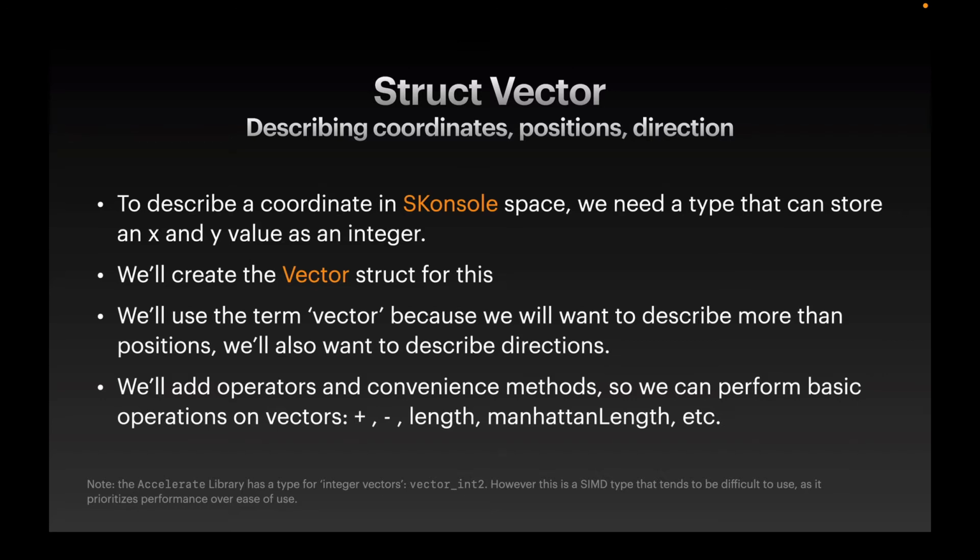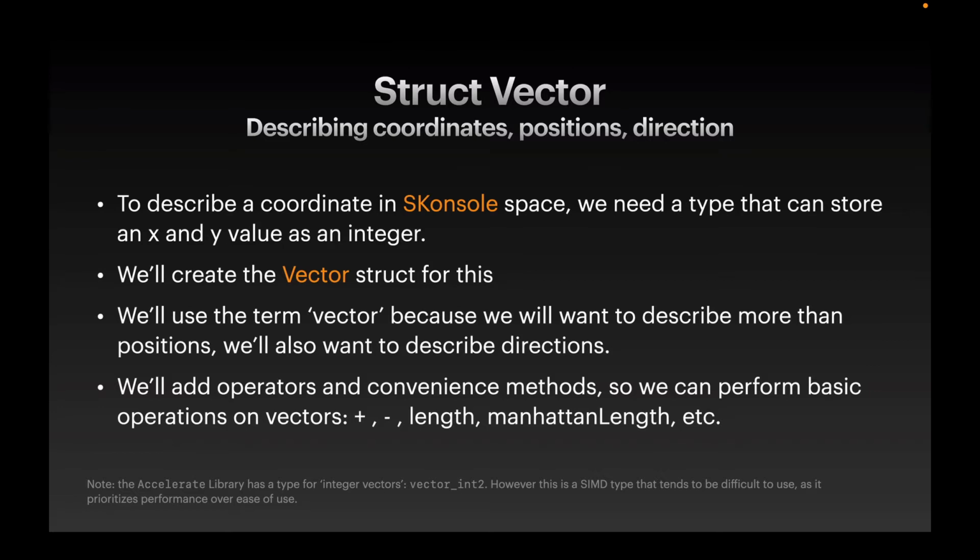And we'll add some operators and convenience methods so we can perform basic arithmetic-like operations on these vectors, like addition, subtracting, calculating the length, both as a Pythagorean length as well as the Manhattan length. That's the length you have when you only can go sideways or up and down. And we might add even more if we need them at some other time.